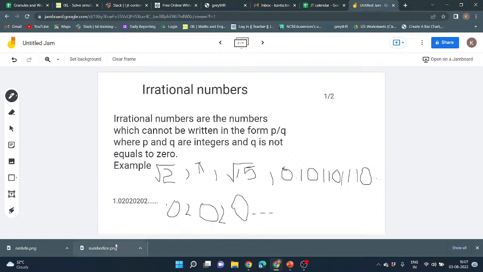For this, we will first consider this part as x and then write the number as 1 plus x.